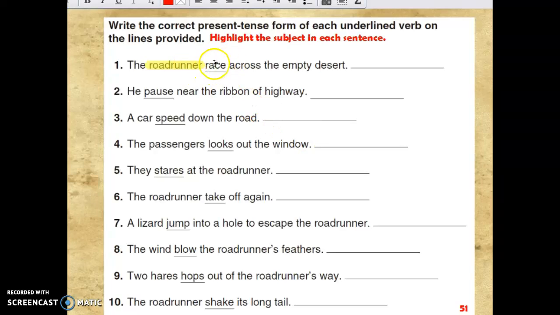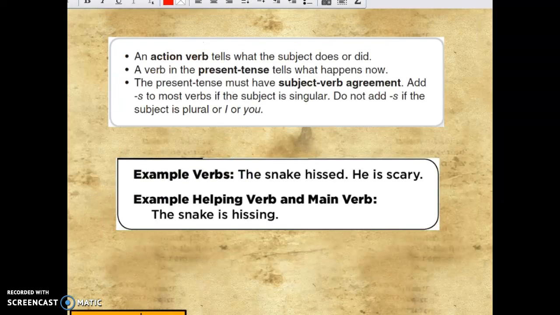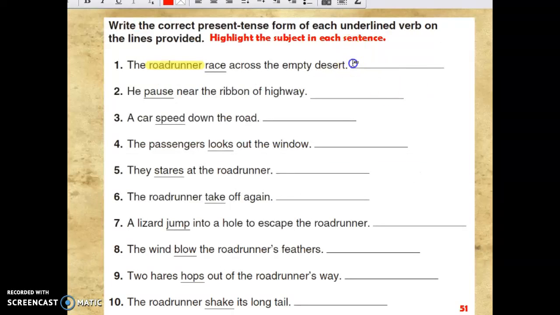So you've got to change the verb, and remember that back in the directions it said if it's just a singular noun, we have to add an S, okay? So on the line, you're going to take the underlined word and correct it so it makes sense. So it needs to be the road runner races across the empty desert. I'm just going to add an S, okay?